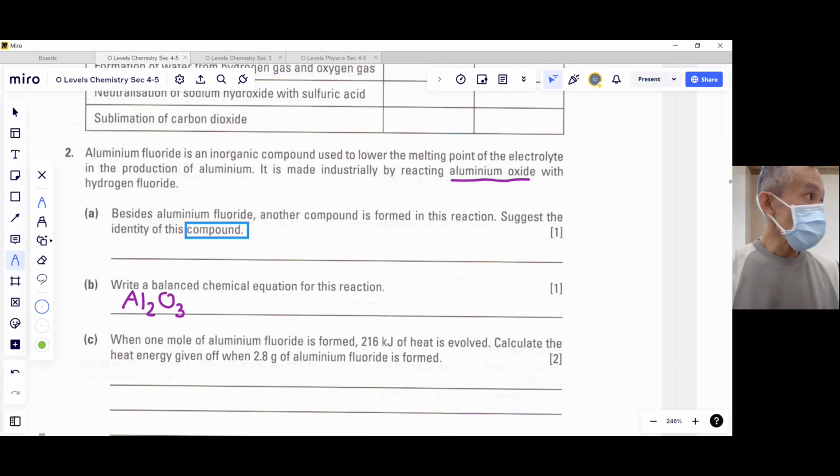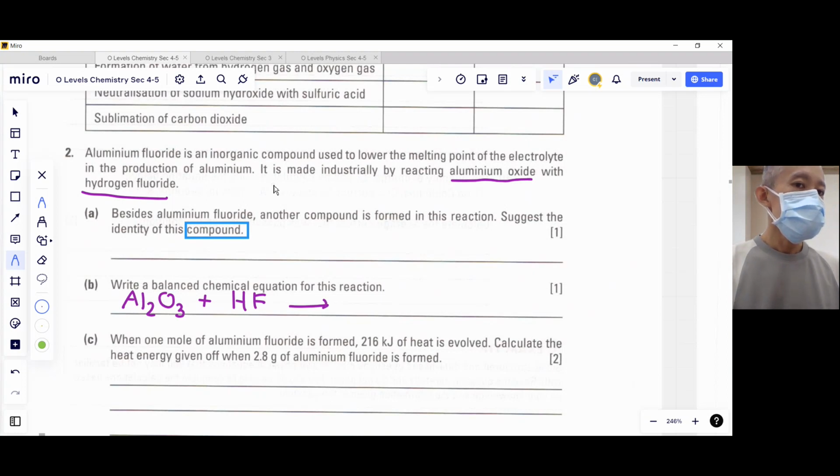This is aluminum oxide. Make sure you get the formula correct. Hydrogen fluoride, also get the formula correct. It's just like HCl, but you replace the Cl with HF.